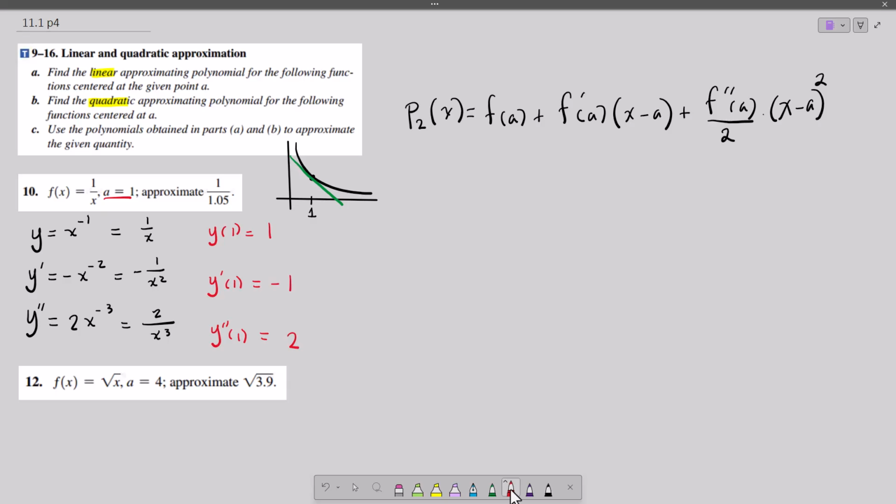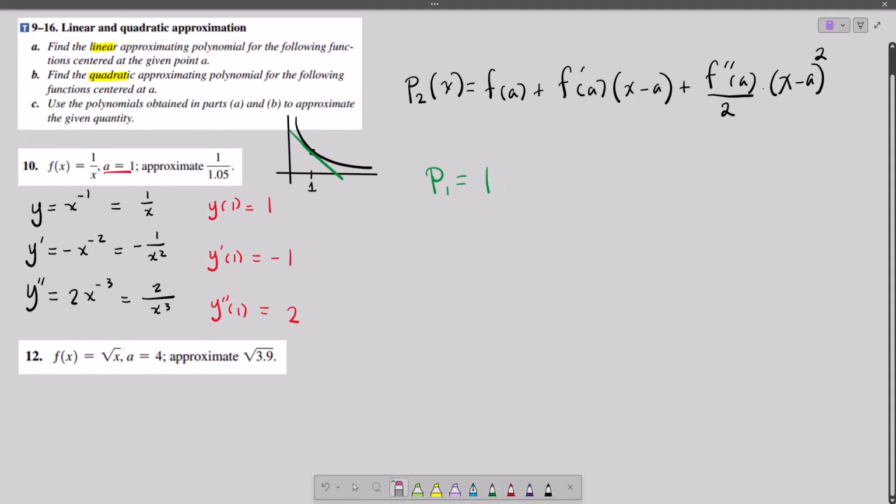Now if we come over here to build P sub 1, that's the green one, that's going to be f of a, right there, the function at the center, plus f prime of a, negative 1, multiplied by x minus 1, because a is 1. So this is P1. We can simplify this. If we distribute here, we get 1 plus 1 is 2, so we get 2 minus x.